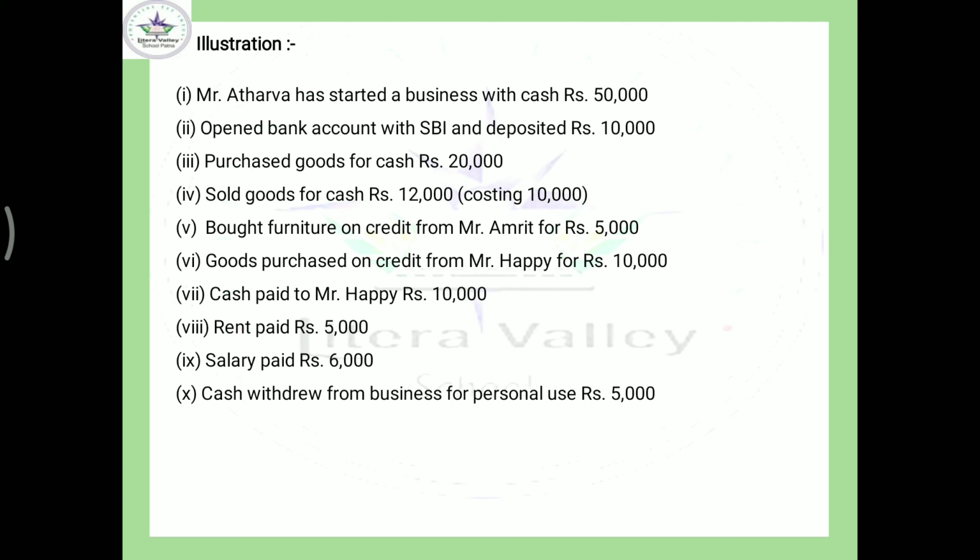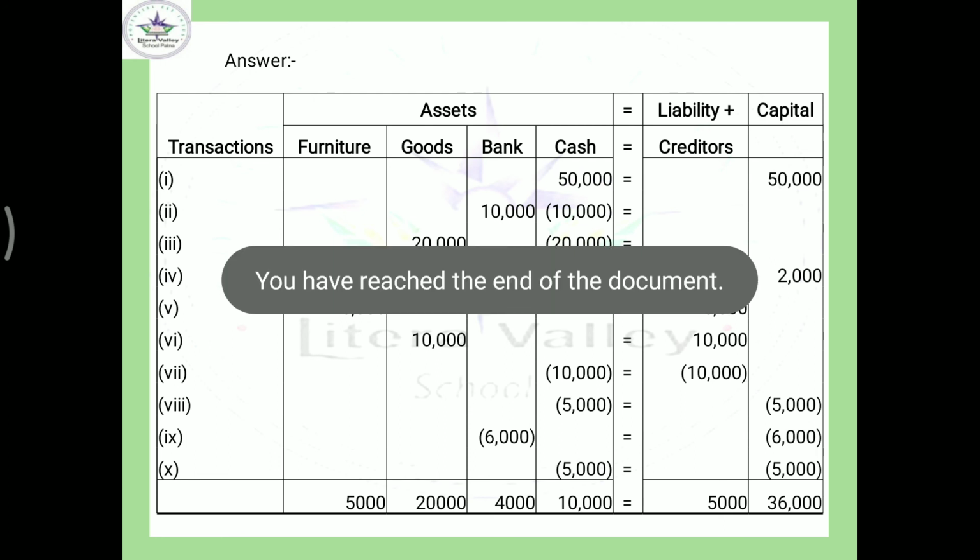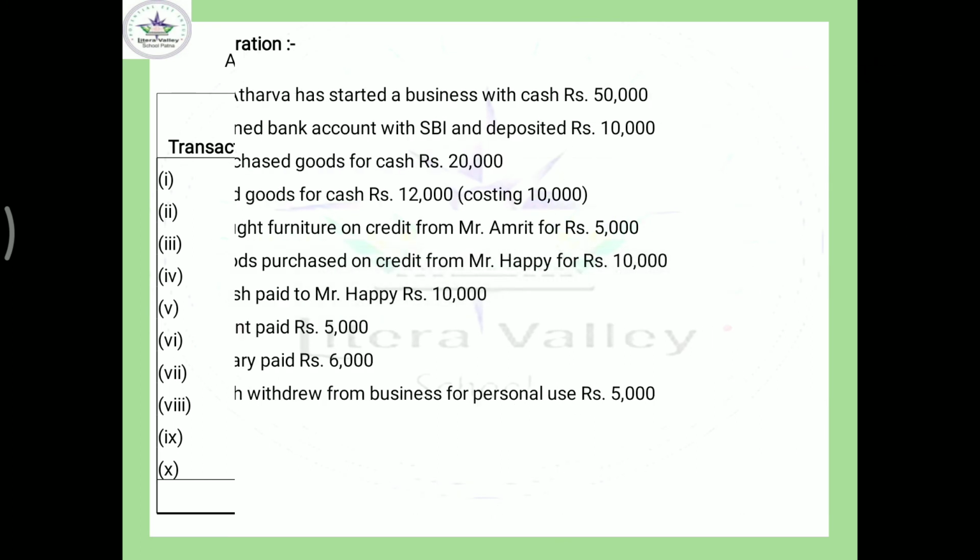Salary paid rupees 6,000. Okay. So salary has actually been paid, 6,000, but salary has been paid through cheque. Yes, salary has been paid through cheque. One line needs to be added here.